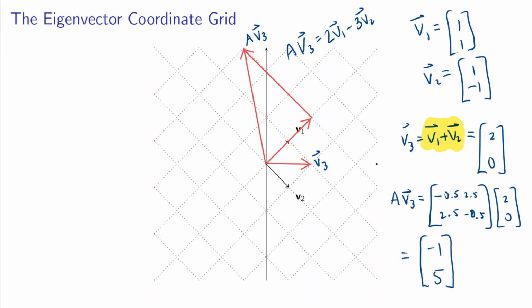If we were to think about this algebraically, Av3 is A times (v1 plus v2), since v3 was just v1 plus v2, which is going to be Av1 plus Av2.